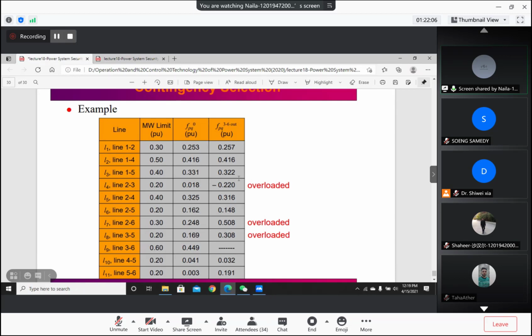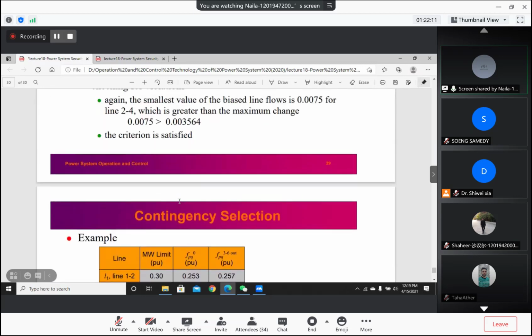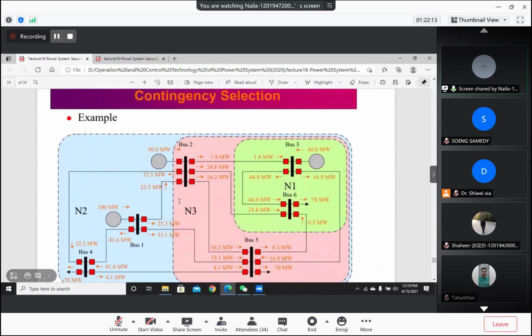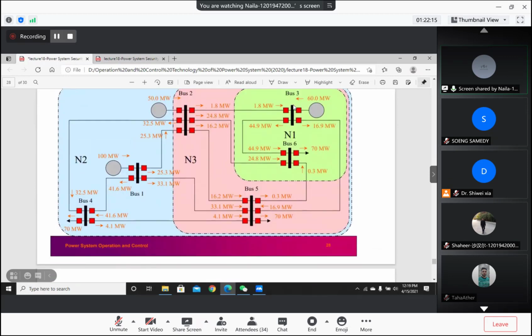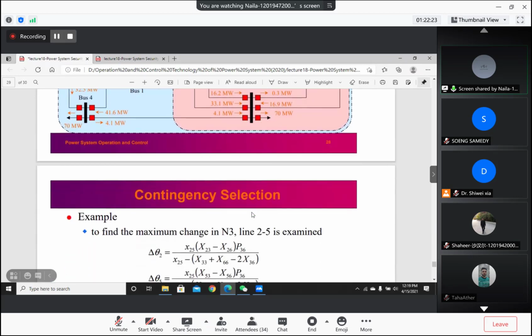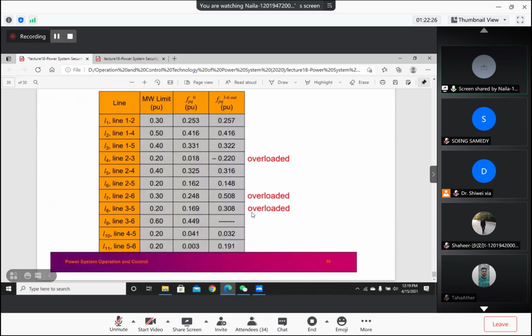All these lines are included in the boundary region of N1 and N3. So that's all from my side. If you have any questions, you may ask.